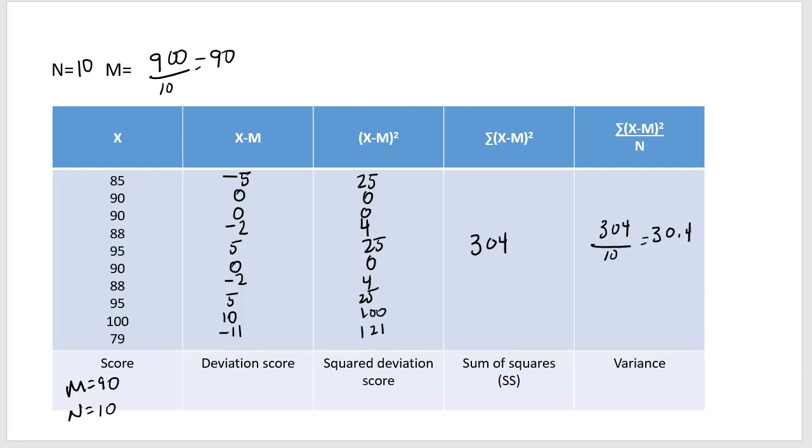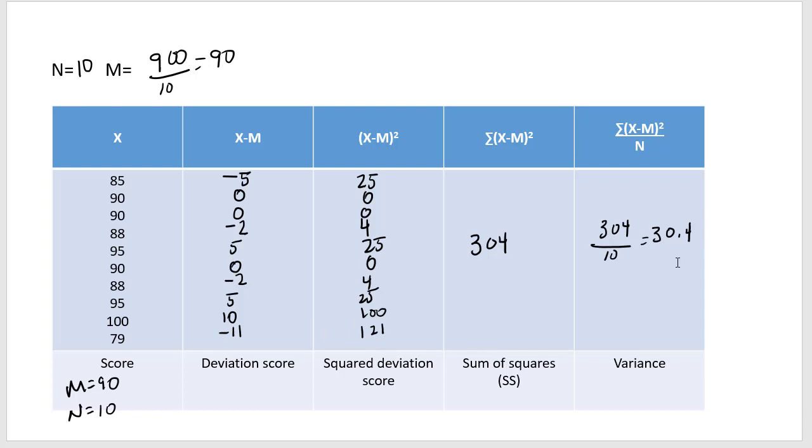If we were to interpret 30.4 as a standard deviation, we would be saying that the average distance each score is from the mean is 30.4. That's obviously not correct because no scores are farther away from the mean than 11. The score of 79 is 11 units away from the mean. So how could the average possibly be 30.4?